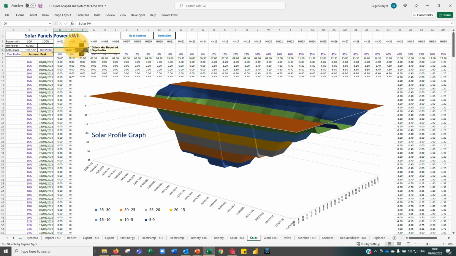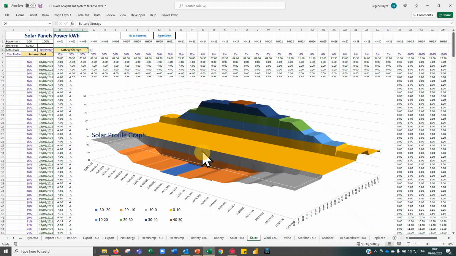So I've selected solar PV from all the different profiles. I could select, imagine, battery storage, so that immediately changes the profile of the solar. So I'll set it back to solar PV.